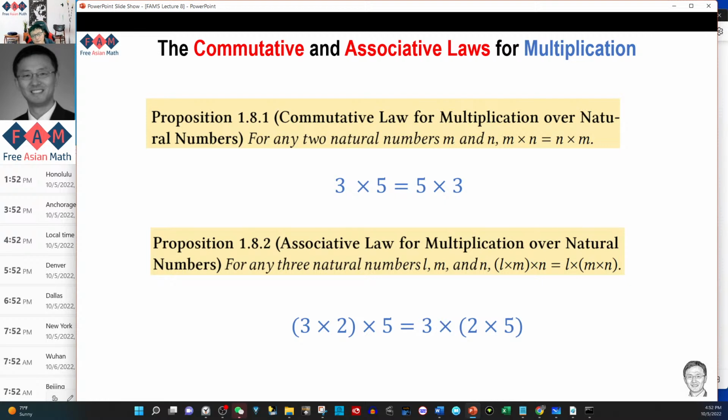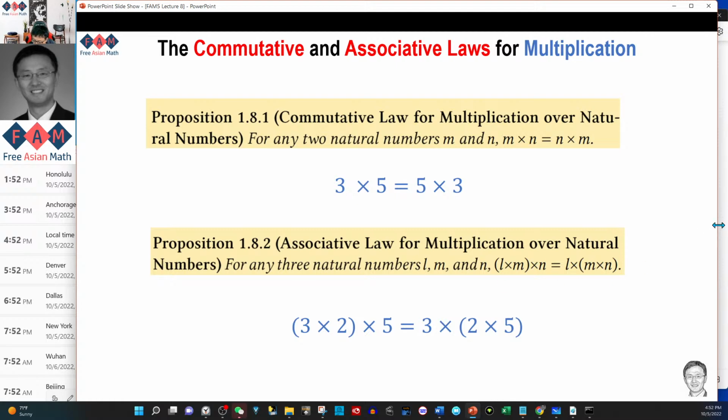Why is that? Because multiplication is essentially just addition, right? It's nothing but repeated addition. So if addition can enjoy commutative and associative laws, it's intuitively just natural multiplication should enjoy exactly the same law.